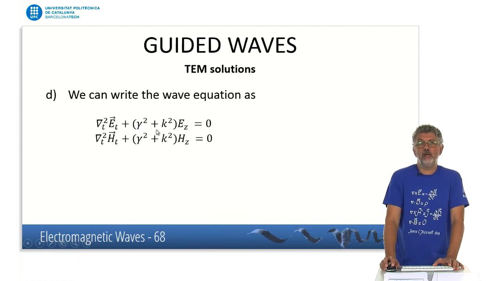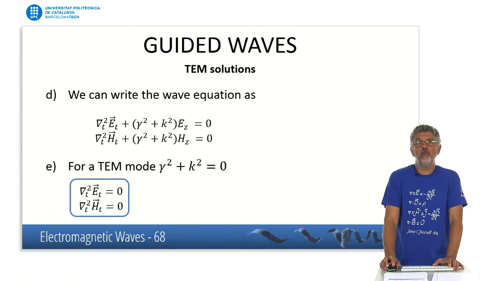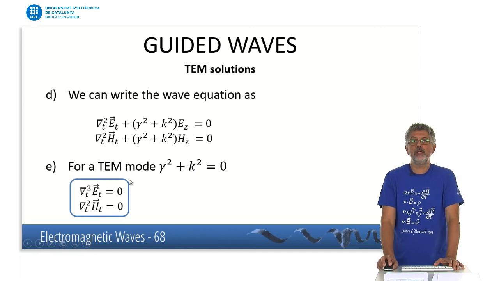That's a general case, but for a TM mode, we had just seen that gamma squared plus k squared had to be 0. So if this is the case for the TM mode, this is also true.